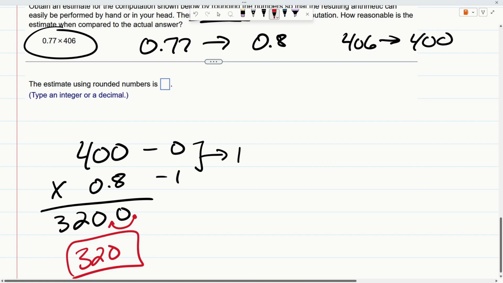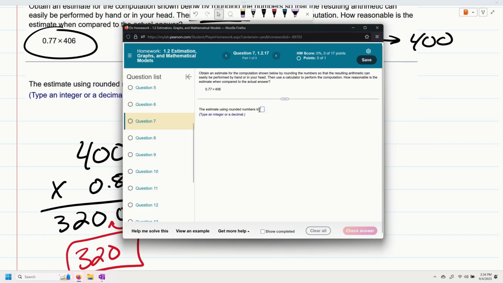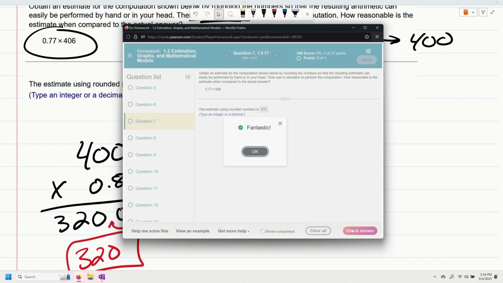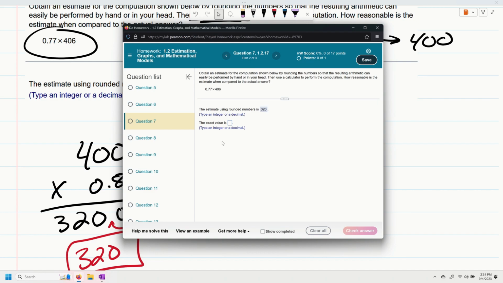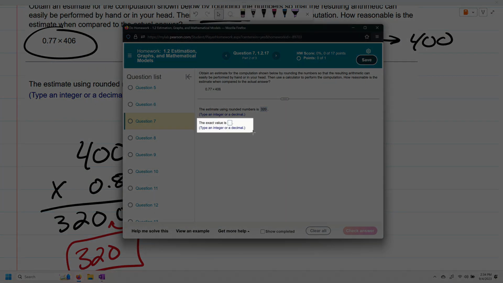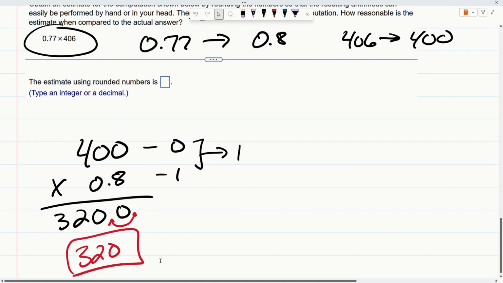So that's our first result. And let's see if we can type that back into our homework right here. Perfect. So I'm just going to type in 320 and check the answer. And it says, great, fantastic. Now the next part of this question is, what is the actual exact number?